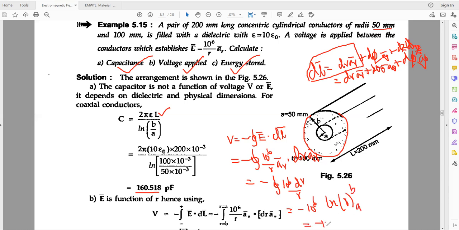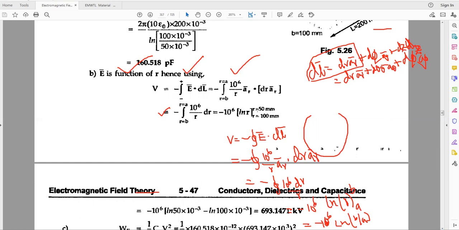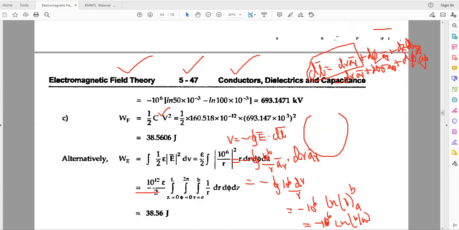That is equal to minus 10 to the power 6 ln of b by a, or you can remove this minus and substitute b by a in the ln. Substitute the a value and the b value as 50 and 150. We get 693.147 kV.